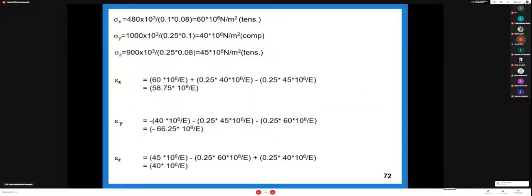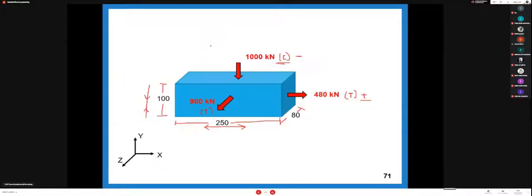Now first of all find out the stresses in all the directions, because here the 480 force acts. So stress in this direction is according to this area: this force divided by this cross-section area, which is 100 and 80. So the stress for this 480 kilonewton is 480 divided by 80 into 100.